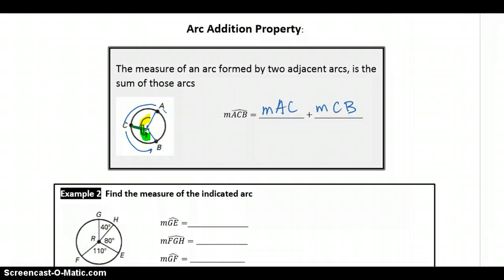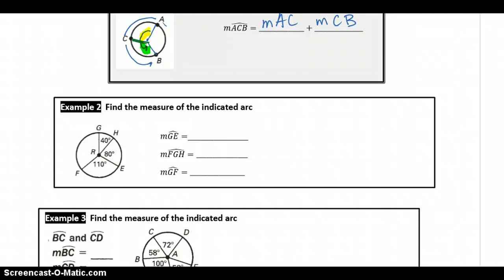So let's look at example 2. We're finding the measure of each of the arcs given. So the measure of arc GE from G to E, since it's only 2 letters, we know we're going to look for the minor arc or the shorter distance, which is this. Now, is that distance given to us or the angle given to us? No, but we have 2 pieces in there, right?